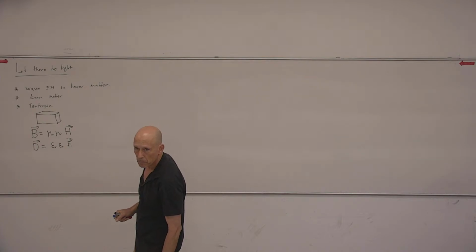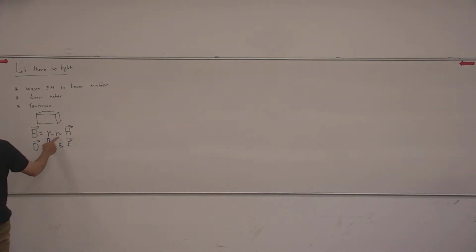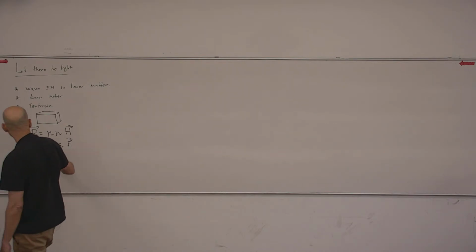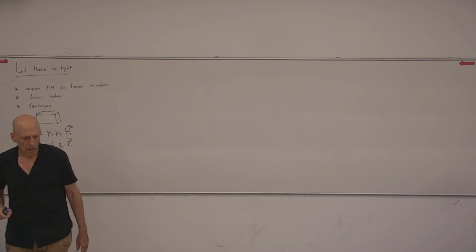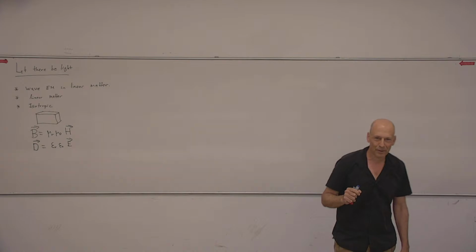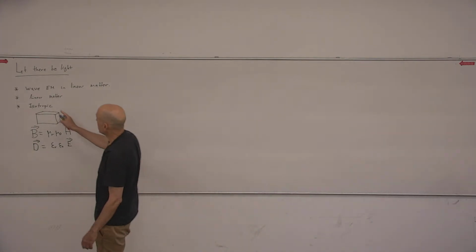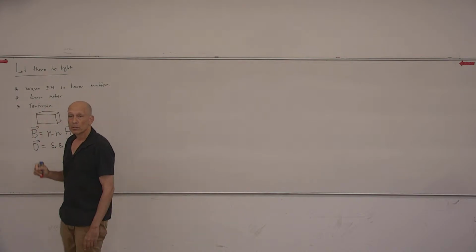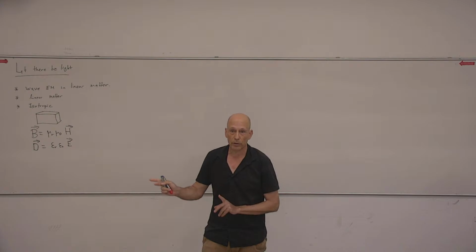Mu and epsilon. Can they have a relation? That's a direction. Okay. This is what I said here, isotropic medium. So I am assuming here that the medium is isotropic in each one of the directions.